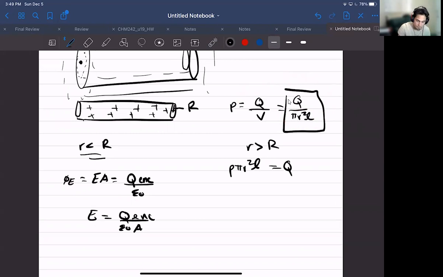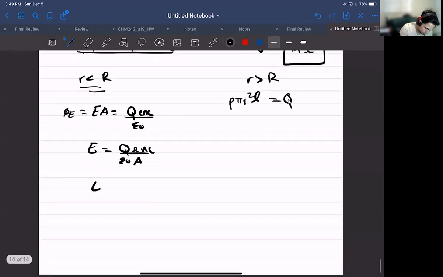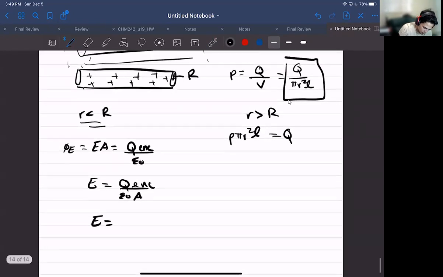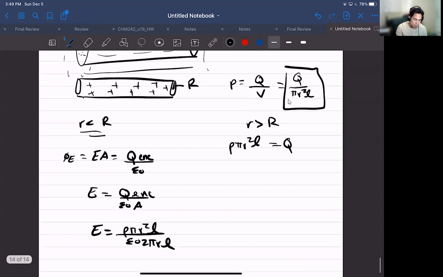But then since we're finding the electric field there, we can go ahead and put in the area of that Gaussian surface that we're using. Now, it's important to notice that in this case the terms will cancel, because they are going to be the same.